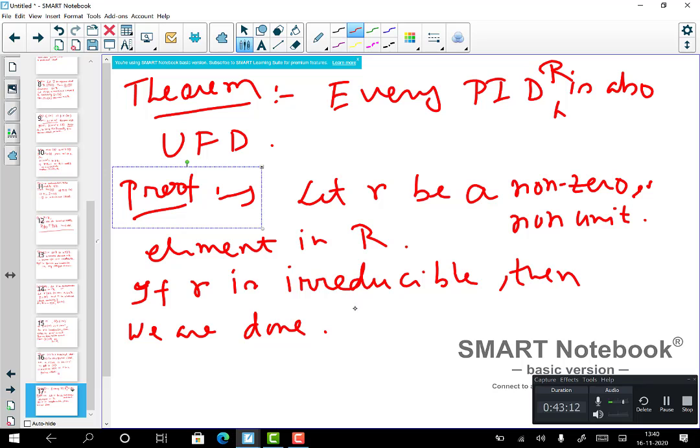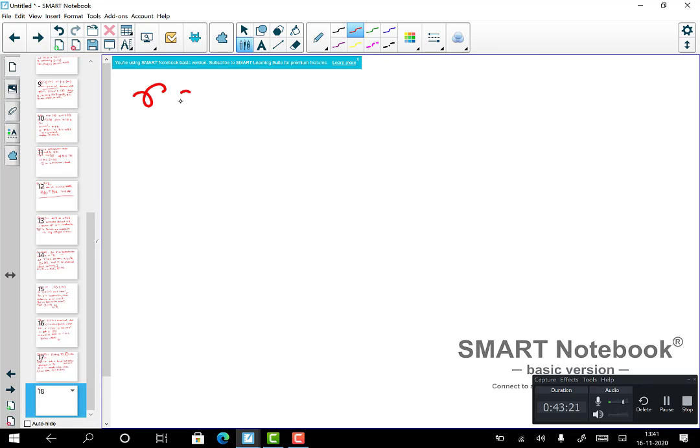So if not, then R can be written as something, say R1, R2, with neither of R1, R2 a unit.